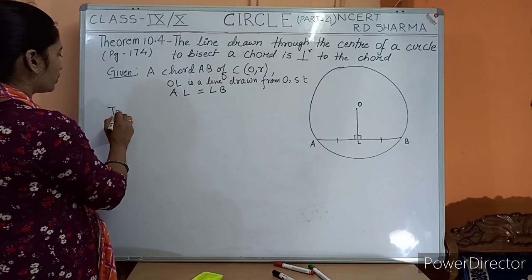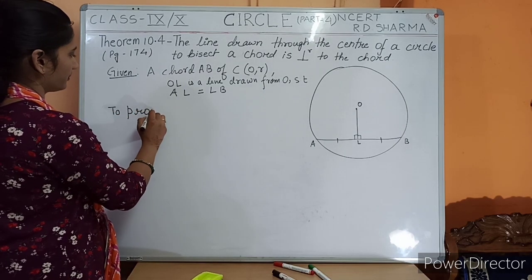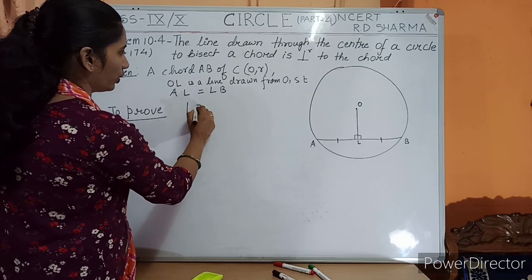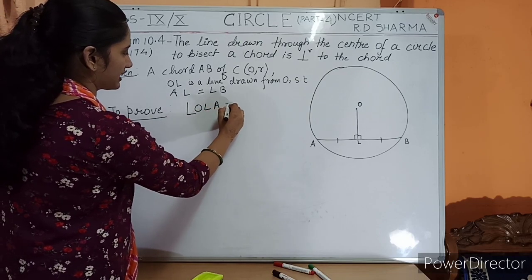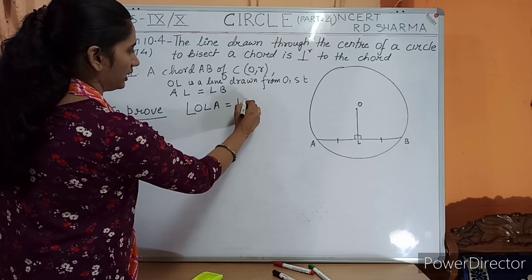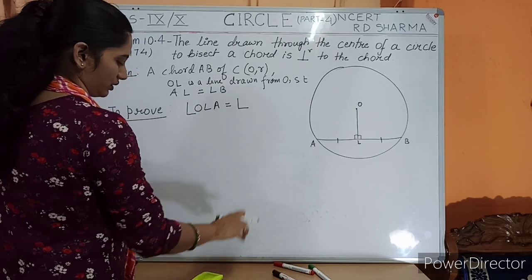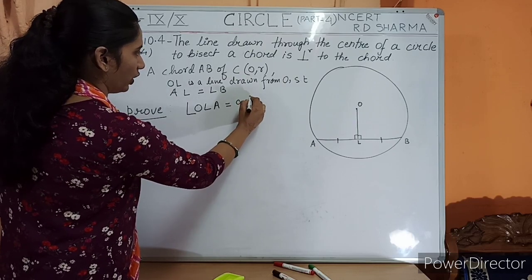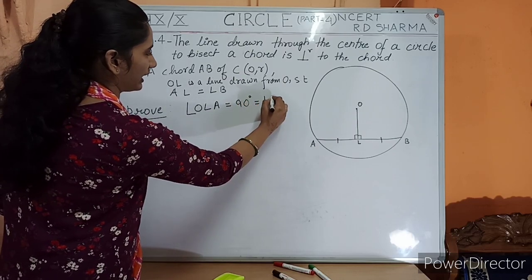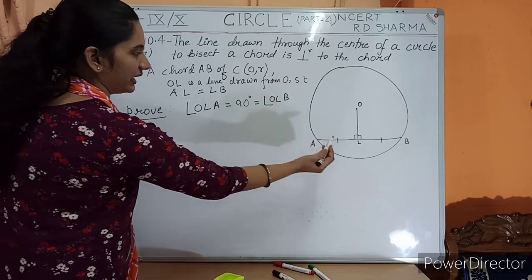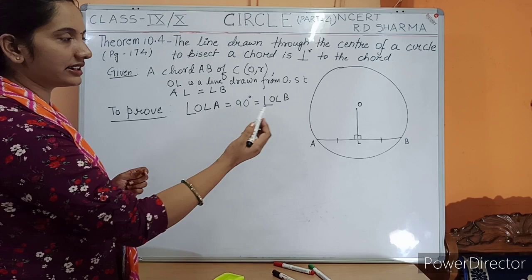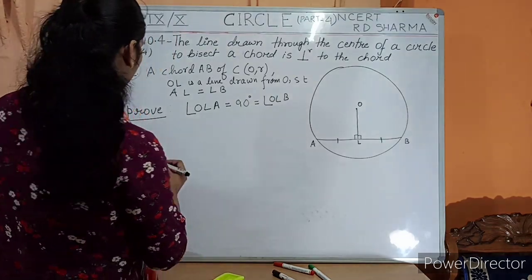Now what we need to prove? We need to prove that angle OLA is equal to, sorry, not angle, that must be 90 degree, or we can say that must be equal to the angle OLB. मतलब ये वाला एंगल और ये वाला एंगल, ये दोनों एंगल 90 डिग्री होना चाहिए, ये हमें प्रूव करना है.